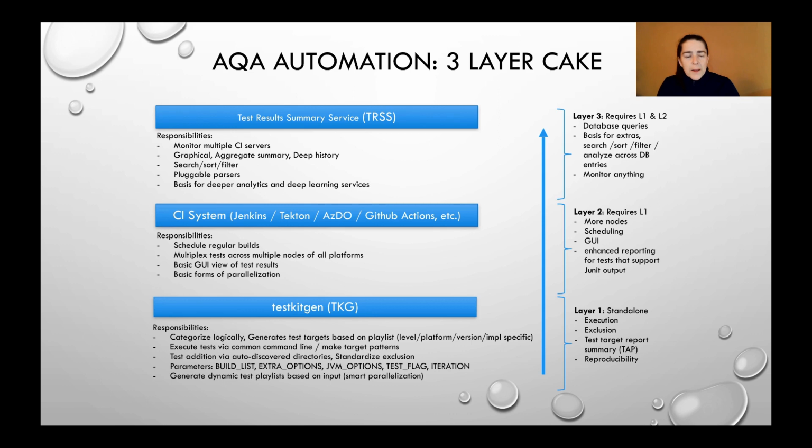We want developers to be able to test easily, because the easier it is to test, the more people test. In the middle layer of this cake, we're talking about CI systems, and in our project we use Jenkins heavily, and I'm going to demo that in a moment. But we also allow and support running in a lot of different environments. Obviously, because you could run in the command line, wherever you can run a command line, you can run these tests.